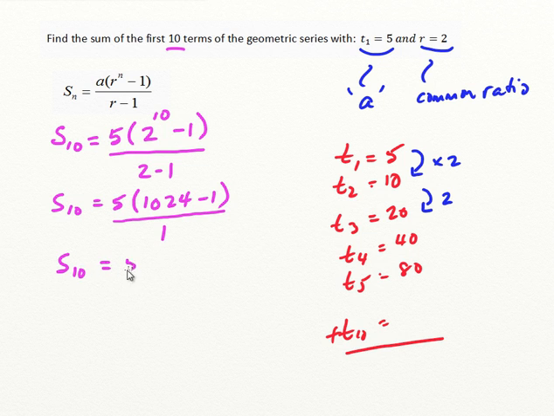Okay, so we're going to have 5 times 1023 as our sum. So the sum of the first 10 terms is going to be 5,115.